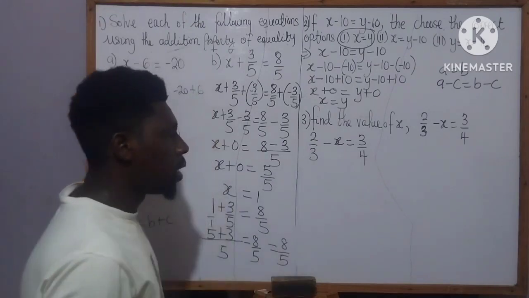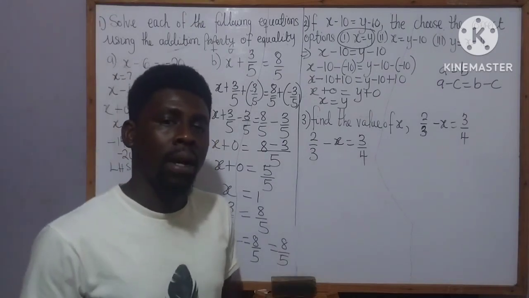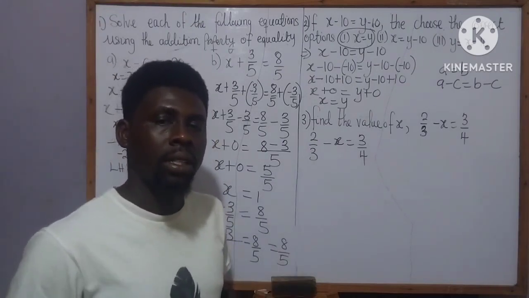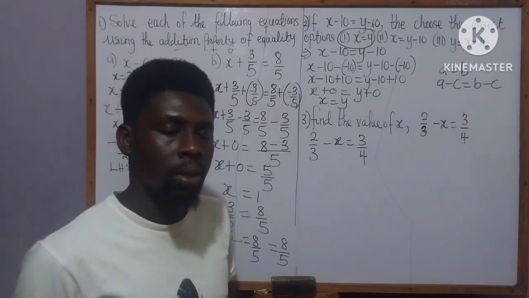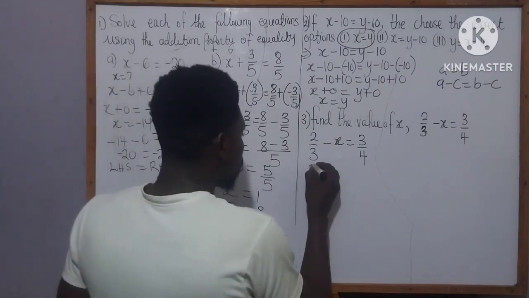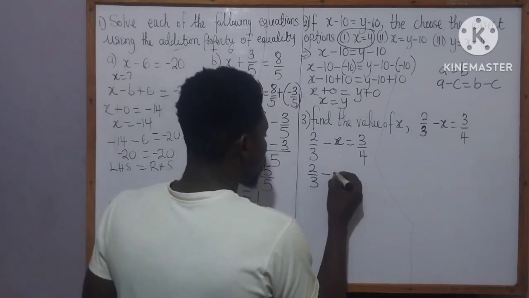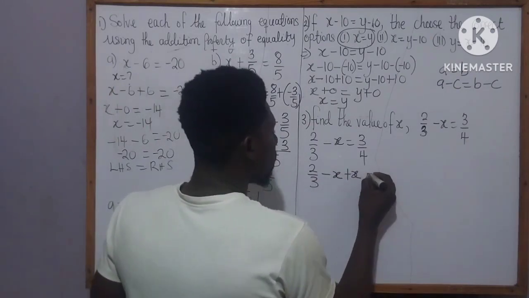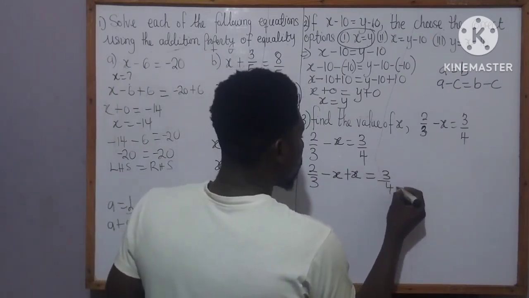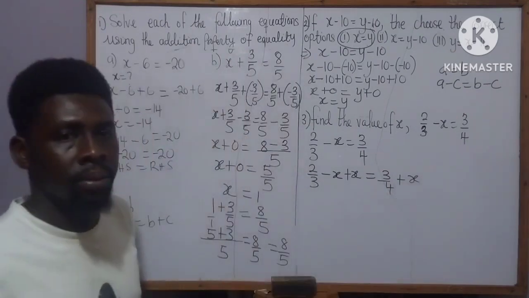So I have this equation. First of all, I am going to add x. After that, I will use the subtraction property of equality. So 2 over 3 minus x plus x, which is equal to 3 over 4 plus x.